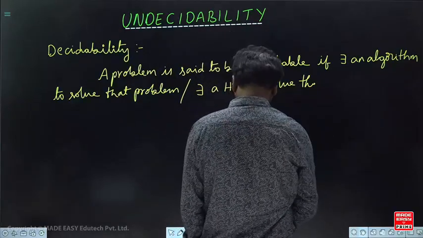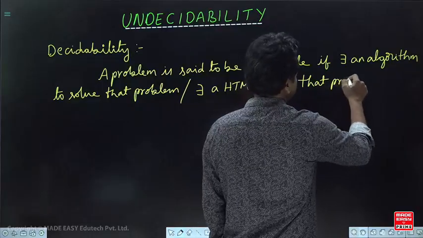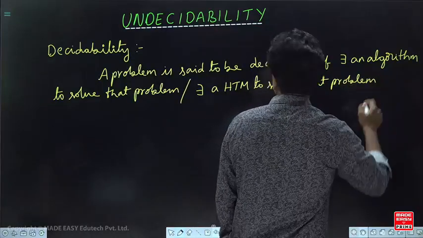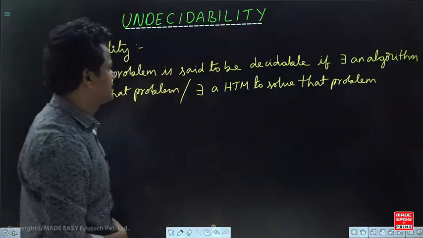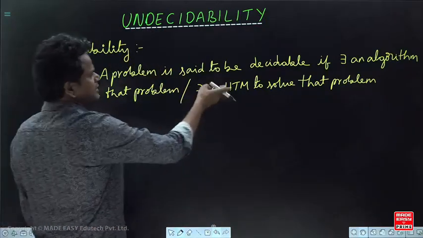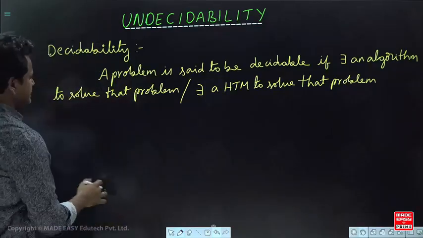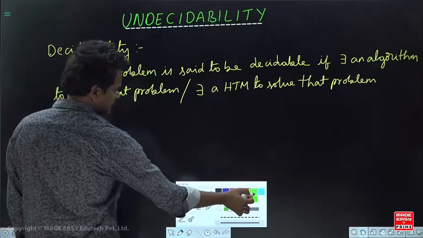You can say a problem is said to be decidable if there exists an algorithm to solve that problem, or an HTM to solve that problem. You can say either way. Okay, now undecidability.